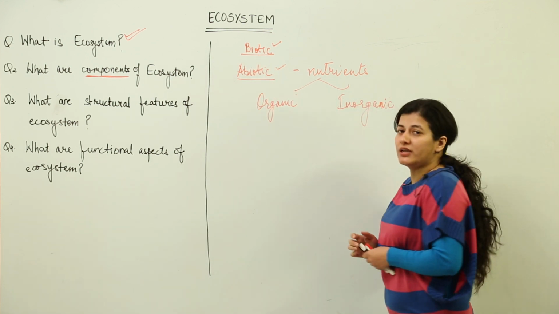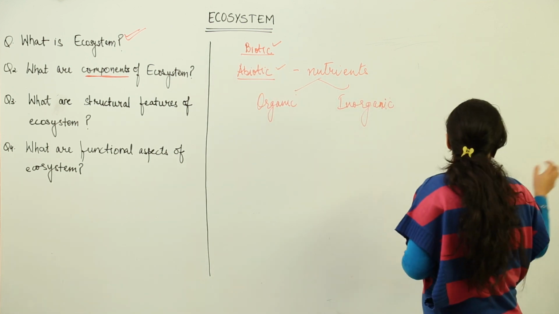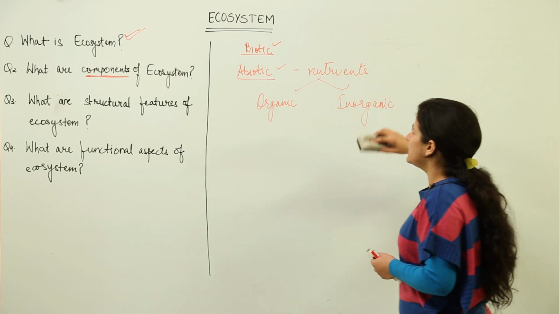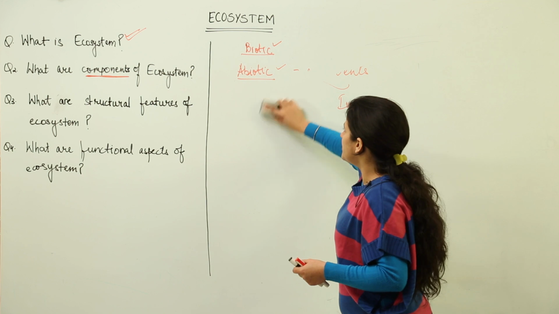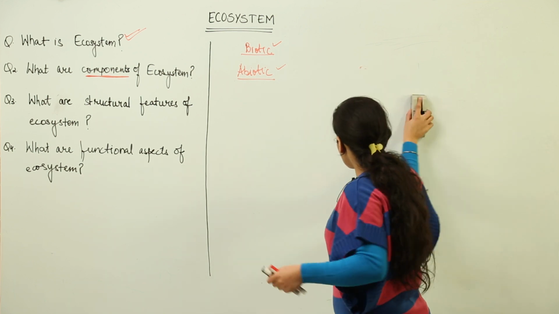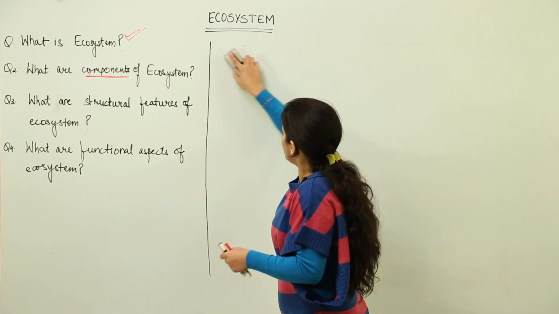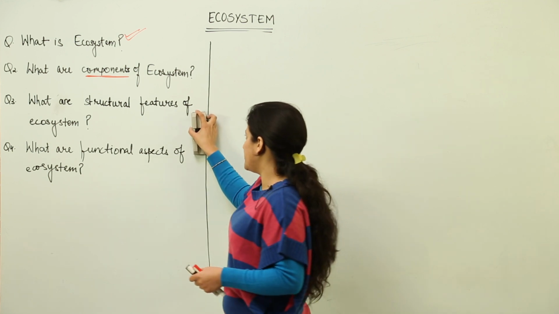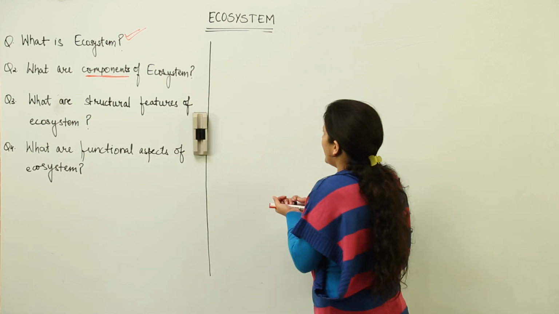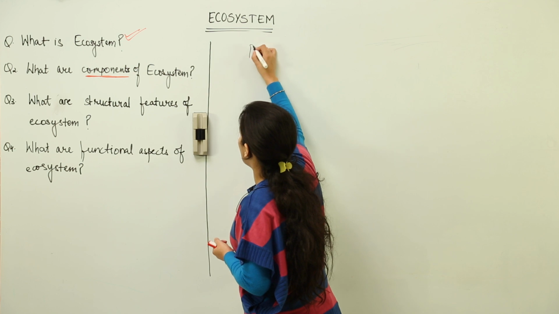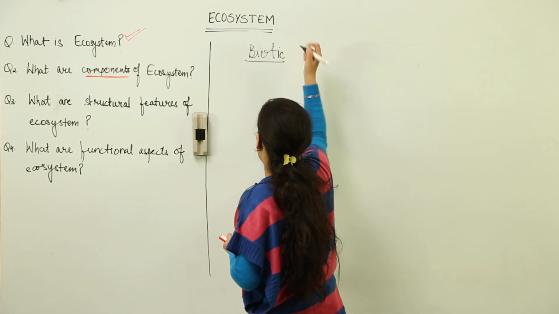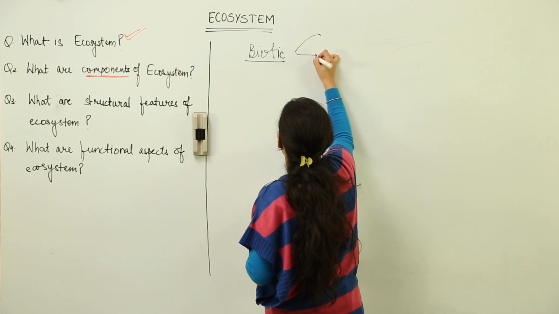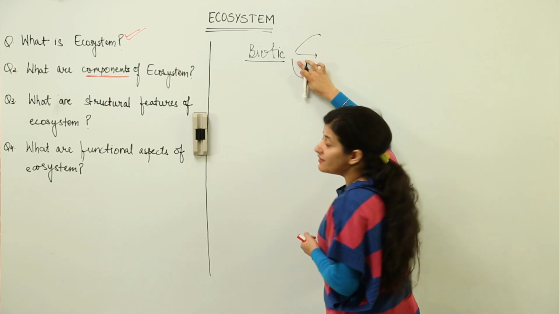When we study biotic components in the context of an ecosystem, earlier we did study biotic components saying that biotic communities would be involved over there. When we study it in terms of what the components of ecosystem would be, and I say that I am talking about biotic components, then there is a broader classification of living organisms.